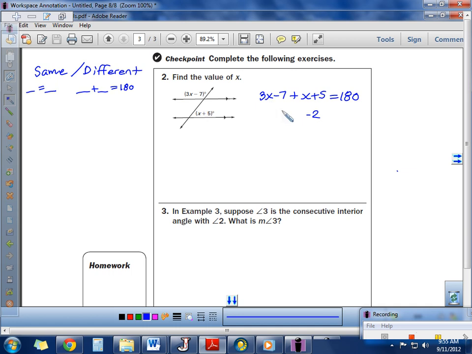I also have some x terms that are the same. When they're on the same side, you actually use the signs they give. You do not do opposites. 3x's plus 1x is 4x's. Now it's a two-step equation that you should be able to ace. What step is first? Perfect. Divide by 4. There's our final answer. We found the value of x, which is what it says in the question.